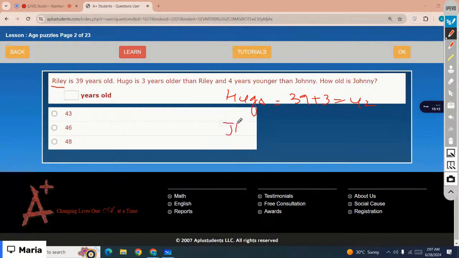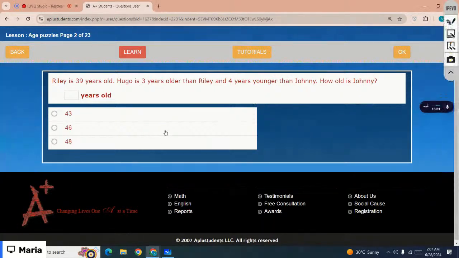That means Johnny is 4 years older than Hugo. Hugo is 42. Johnny is 42 plus 4, that equals 46. So how old is Johnny? Yes, the correct option is 46. Very good. Option number two is the correct option. Got it?